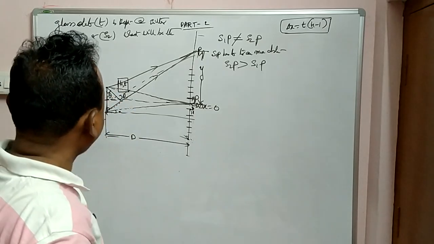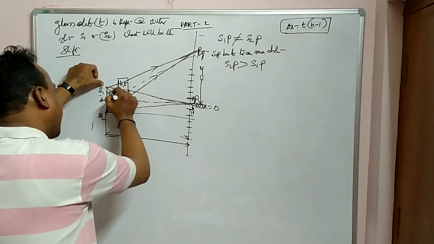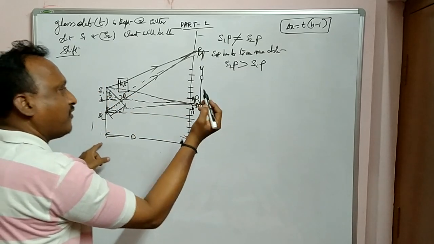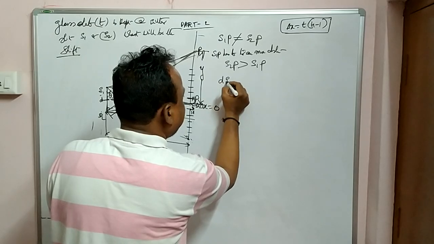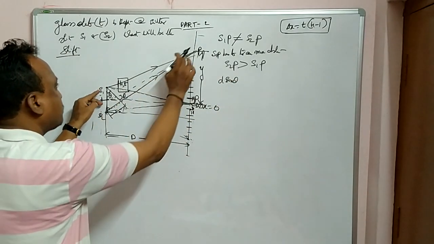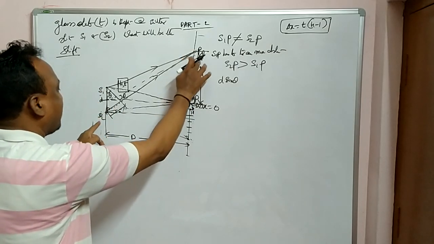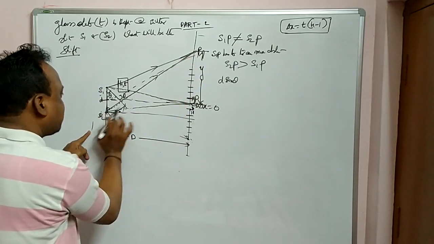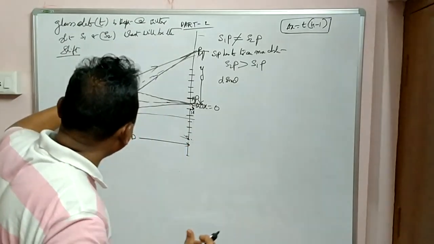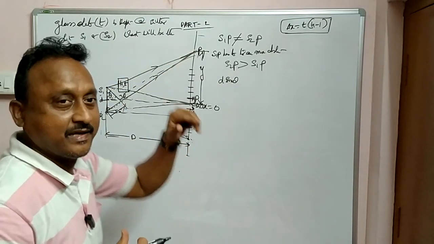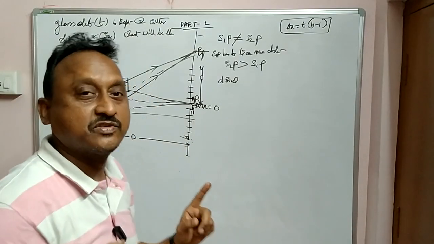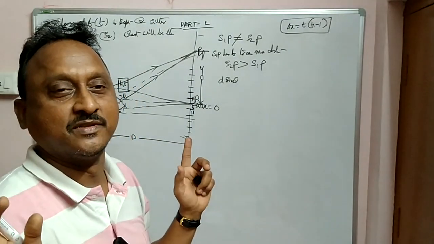Now if you observe carefully, when I drop the perpendicular here, what is this distance? Before, we found the path difference delta x as d sin theta. Geometrically, S1P would be equal to S2P if this d sin theta, which is the difference for S2P, equals the extra distance in S1P.